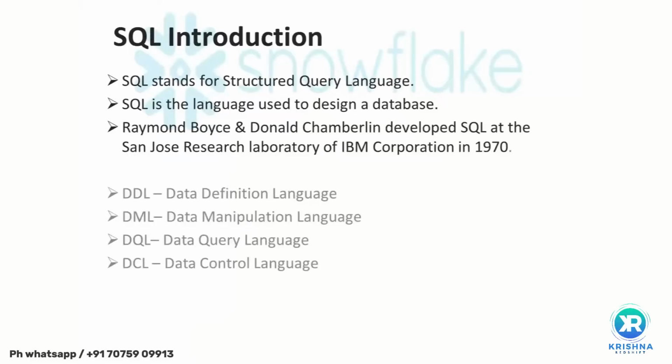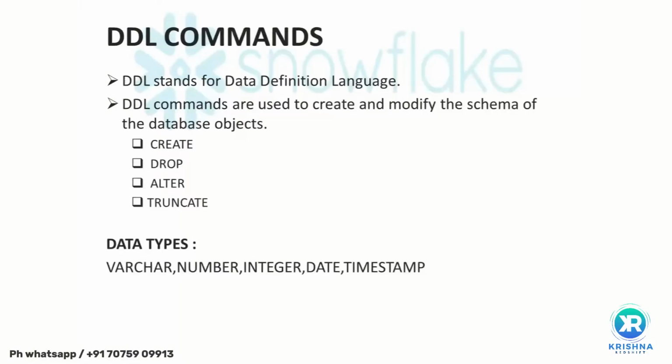SQL stands for Structured Query Language. DDL means Data Definition Language, DML means Data Manipulation Language, DQL Data Query Language, DCL Data Control Language. DDLs are create, alter, drop, truncate. Those are the examples of DDLs.